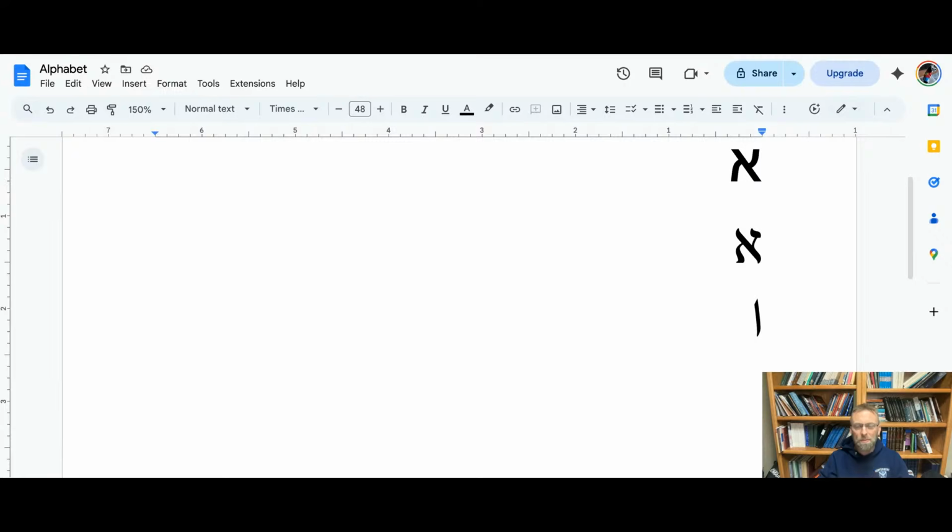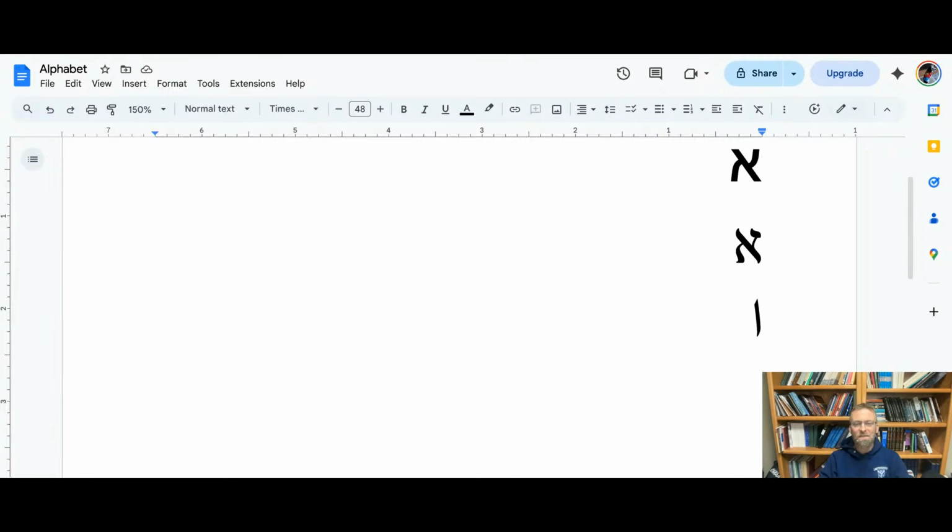Now, properly speaking, Alif is not a consonant in Arabic. Technically, it is a chair for a consonant sometimes, and it's a vowel marker sometimes. This is going to be a little on the confusing side, so don't worry about it.